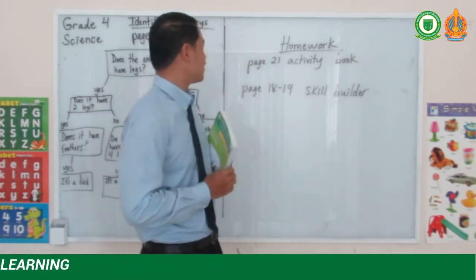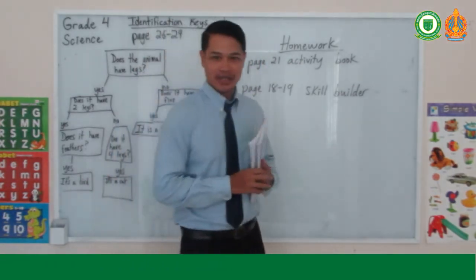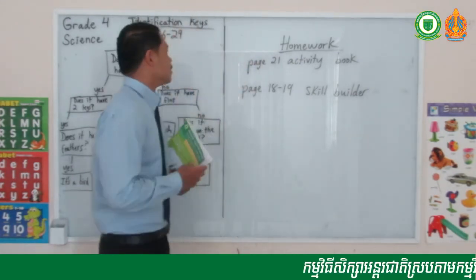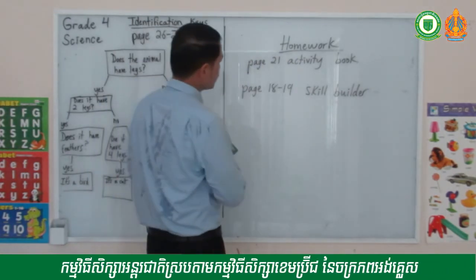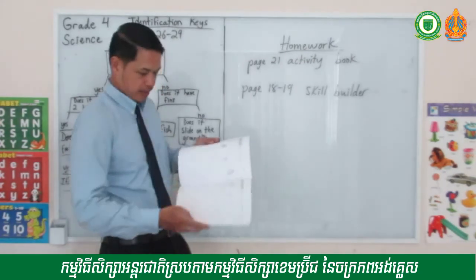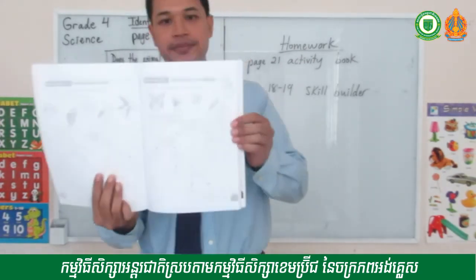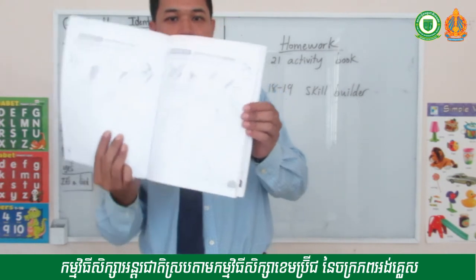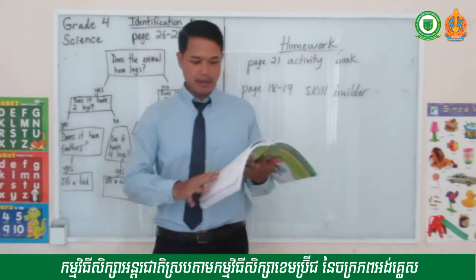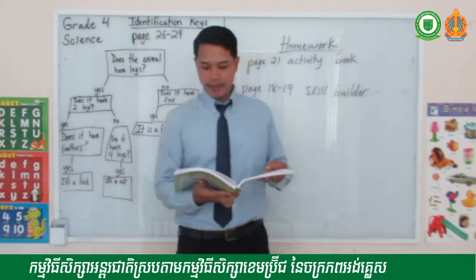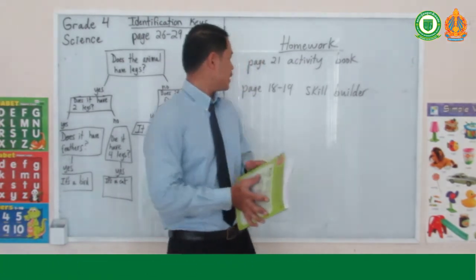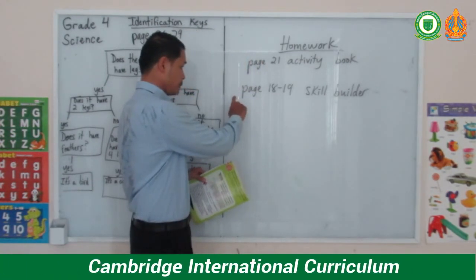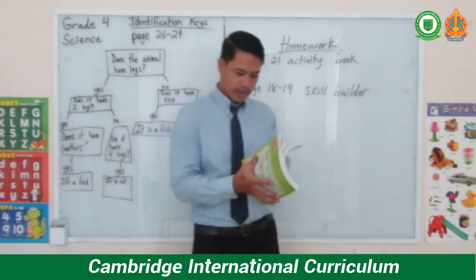Homework. Our homework is page 21, activity book. It will look like this. More work on the identification key. Fill it out and post it to our group. And then pages 18 and 19, skill builder.